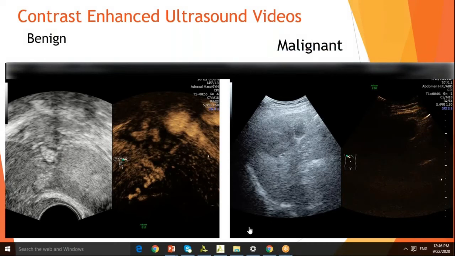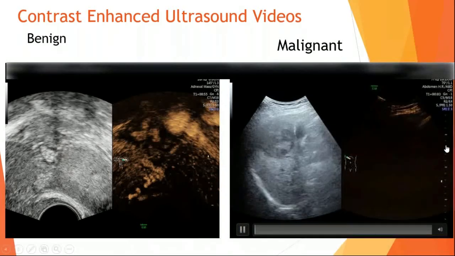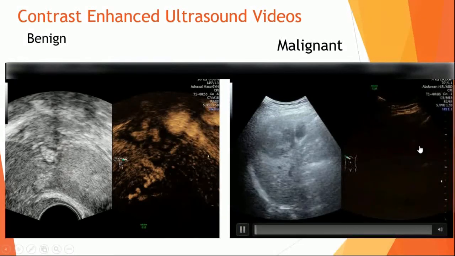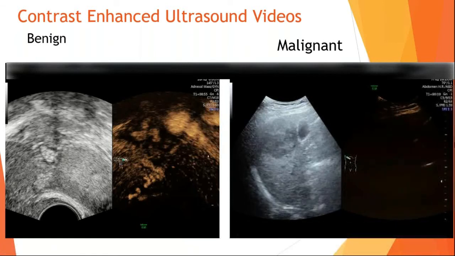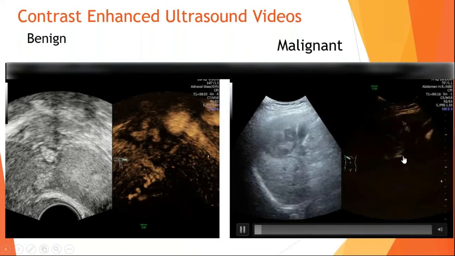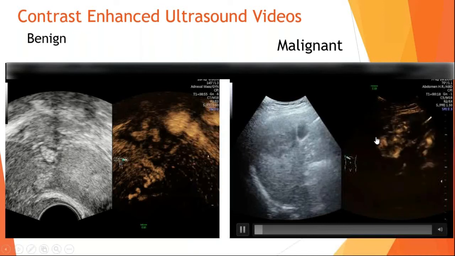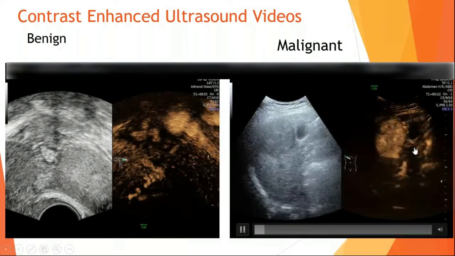Now I'm playing this video here, and you can see the moment that agent is sent across, something happens here. Immediately, this region will start to activate. Can you see this region here? See how fast it activates.